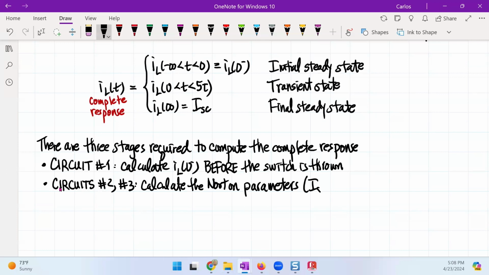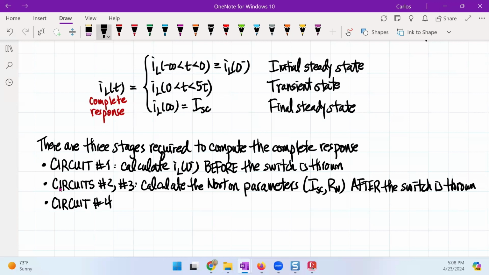It's I short circuit and Rn after the switch is thrown. And then finally, that is the complete response right there. But in the end, we're going to have to solve the circuit problem. And that's circuit number 4.